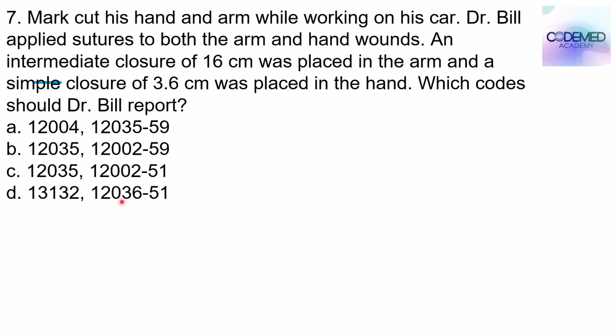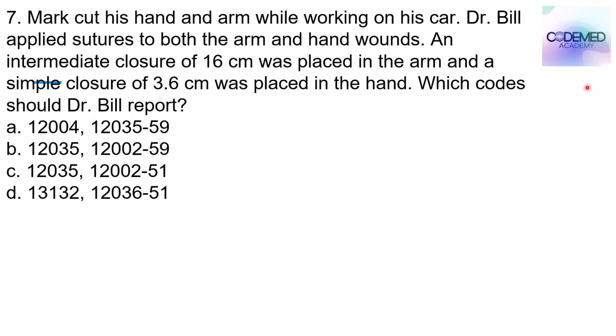Now let us take an example. Mark cut his hand and arm while working on his car. Dr. Bill applies sutures to both arm and hand wound. An intermediate closure of 16 centimeter was placed in the arm and a simple closure of 3.6 centimeter was placed in the hand. Which code should Dr. Bill report? Now there are many guidelines.